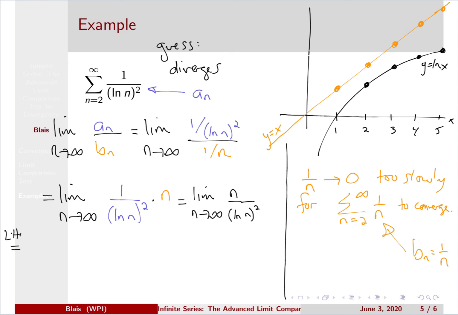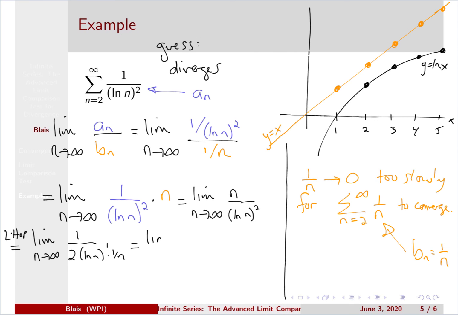Thinking of this as a differentiable function n and a differentiable function ln n, for n being real numbers. An application of L'Hopital's rule says this is the limit as n goes to infinity of the derivative of the top with respect to n, which would be 1, and the derivative of the bottom with respect to n, which, using the chain rule, is 2 times the inside, leaving it alone, to the 1, so 2 natural log of n, times the derivative of what's inside the parentheses, which would be 1 over n.